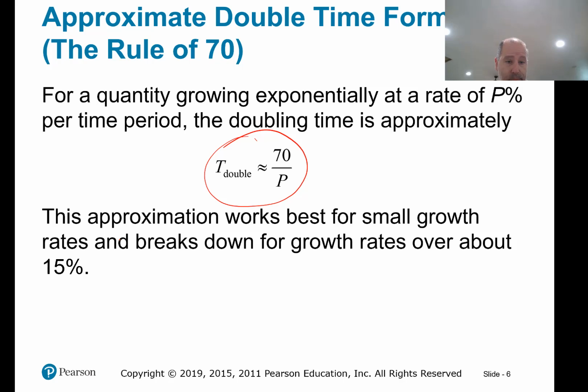Now, this is an approximation, and it works best for small rates of change, so small growth rates. This will break down over about 15%. If the rate is at or above 15%, it's not going to be accurate. There are other rules, like the rule of 72 that I use, or have used, in finance. Again, these are approximations that are only good for certain growth rates.